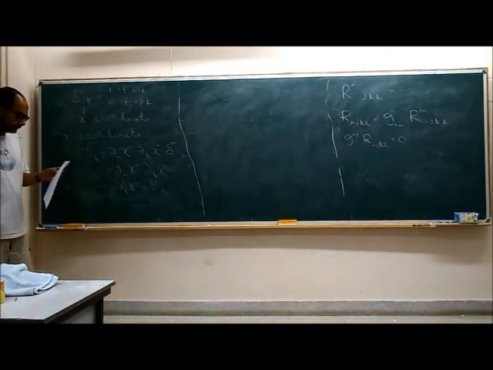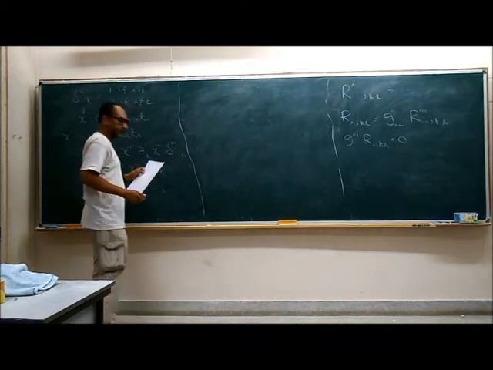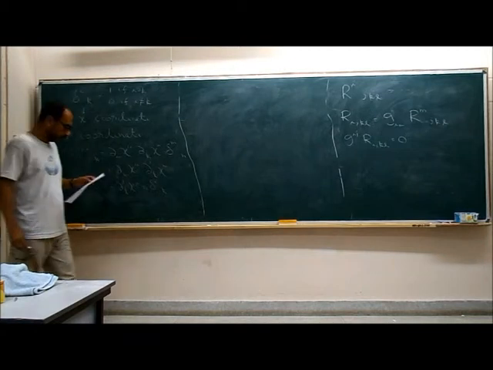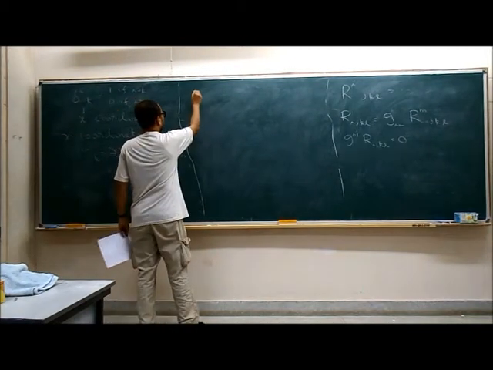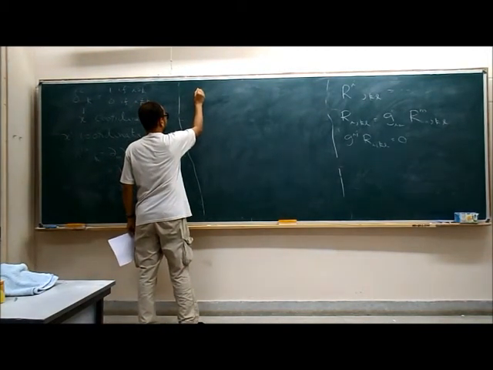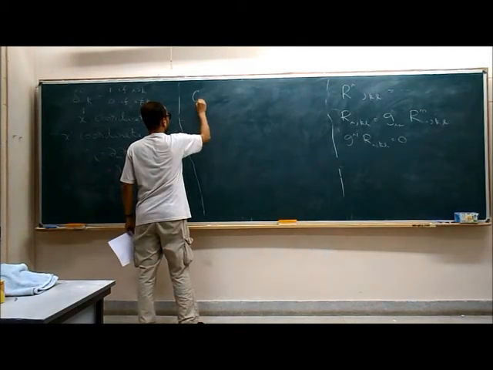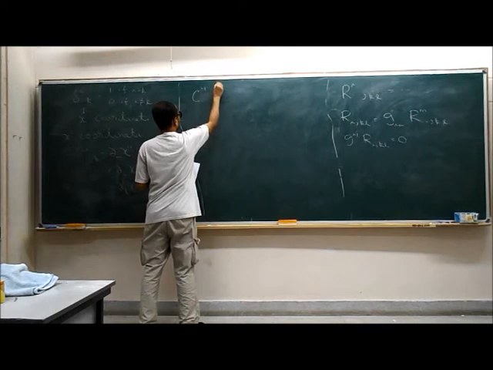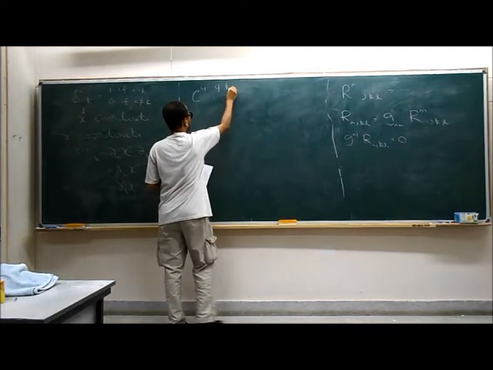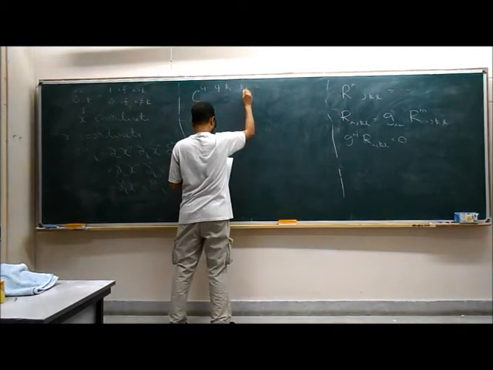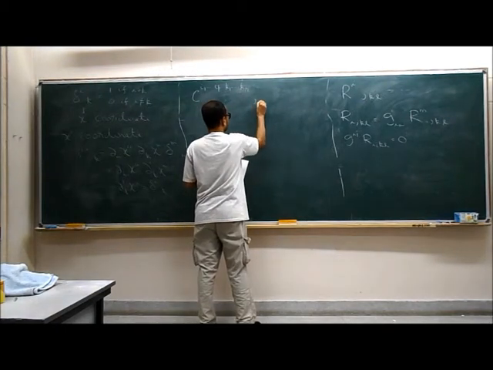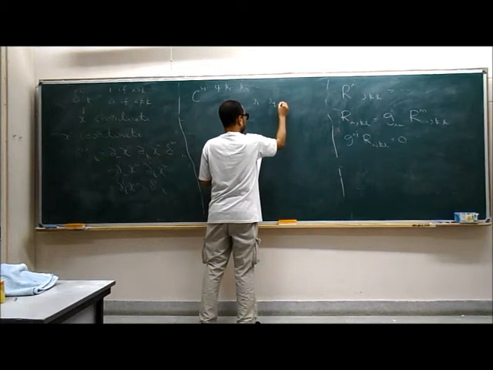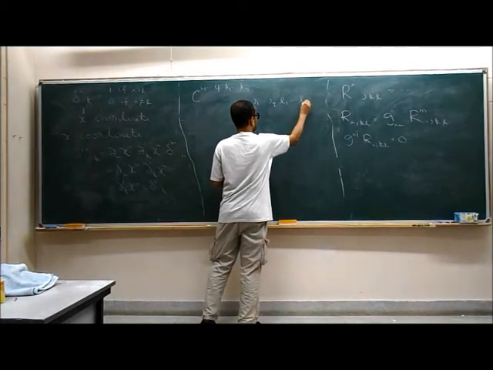Okay. So now we'll discuss some properties of the covariant derivative which will be useful. Suppose we have two tensors A and B, and now we consider C with indices i1 to ip, p1 to pr, j1 to jq, l1 to ls.